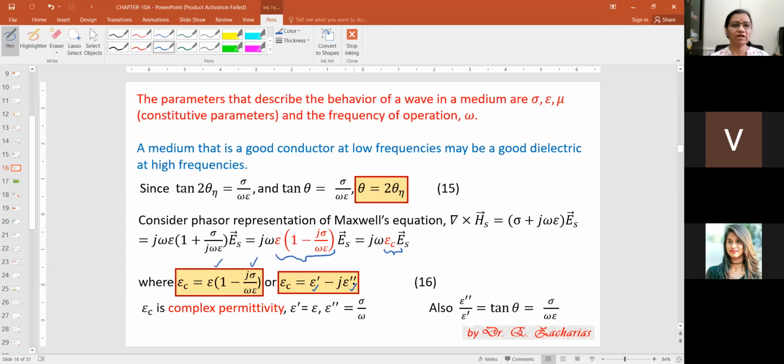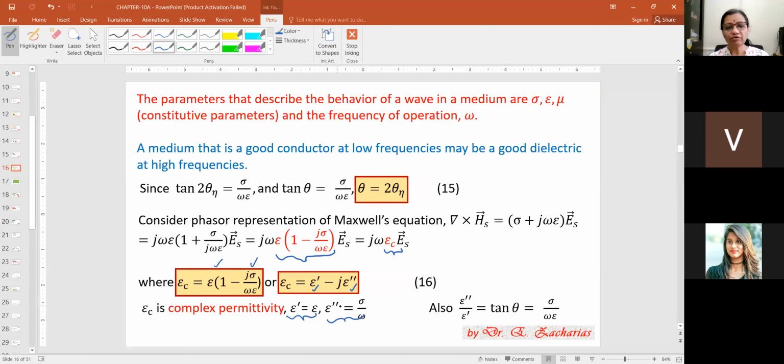Now, what is this real part? It is the epsilon that you had known all along, the one you always studied. And what is epsilon double prime? You can see from here that it is sigma by omega.